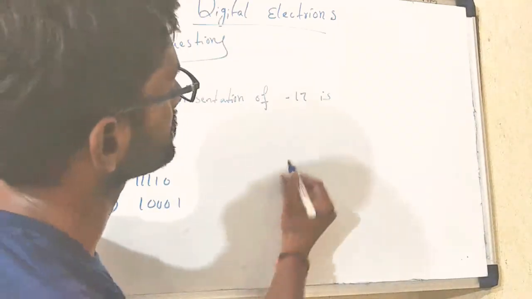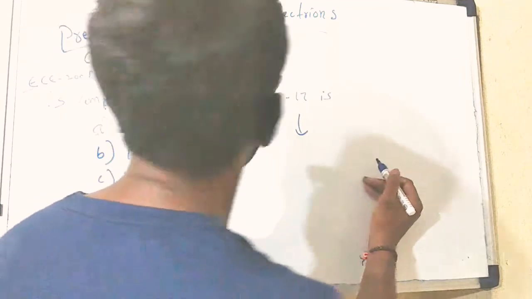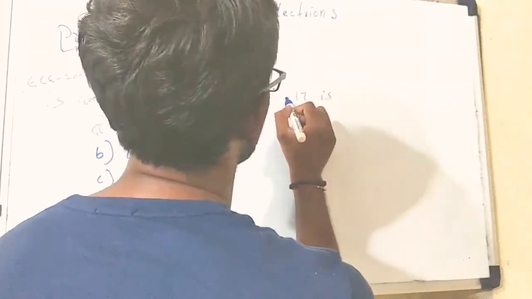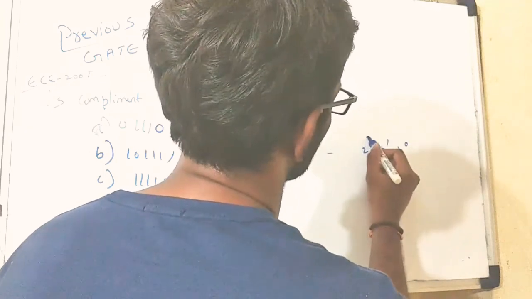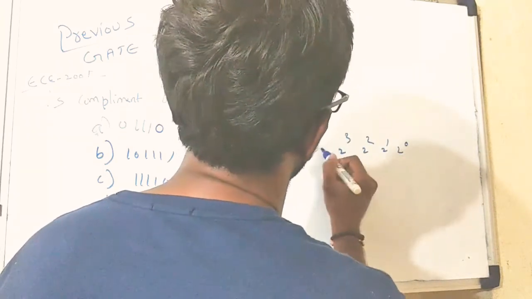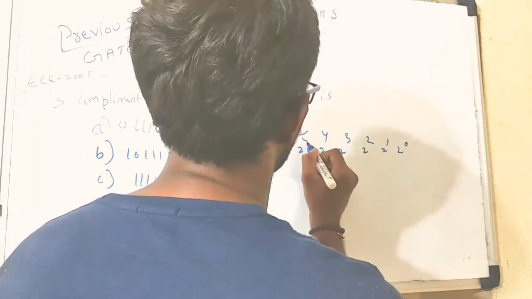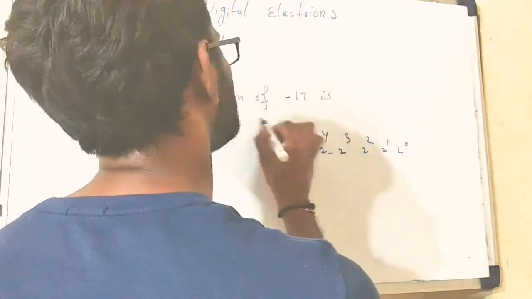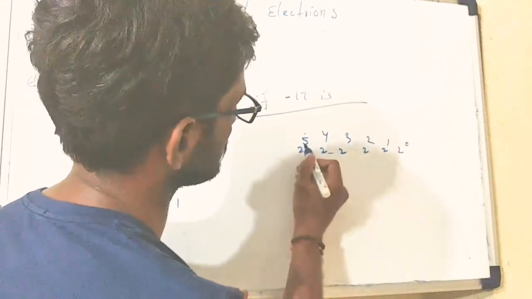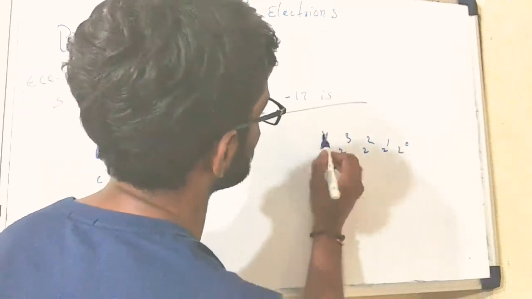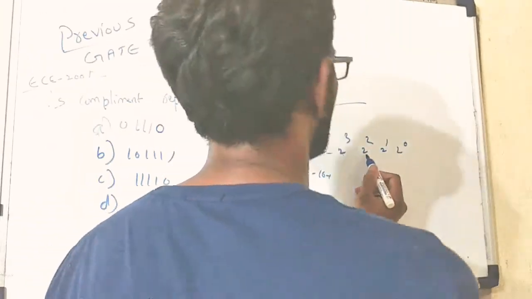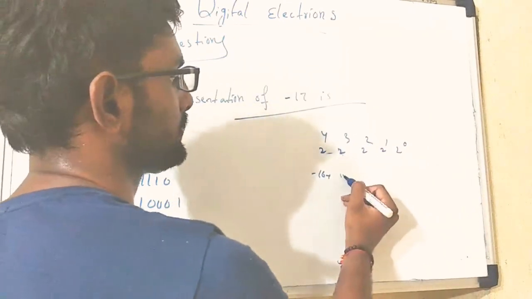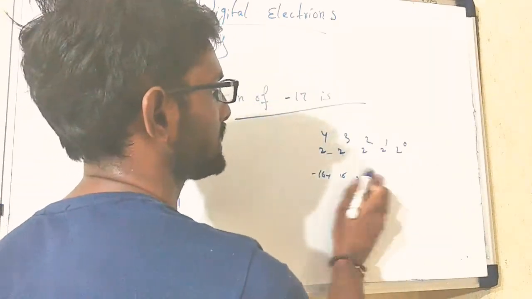For minus 17, if you want to find it directly, we know the MSB weight is negative, so the weights will be 2 power 0, 2 power 1, 2 square, 2 cube, 2 power 4, and 2 power 5. If I take minus 16 here, plus 8 plus 4 is 12, the sum will be 15, and I am getting the value as minus 1.